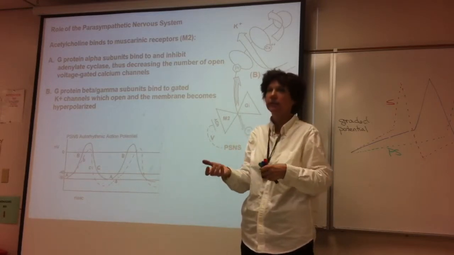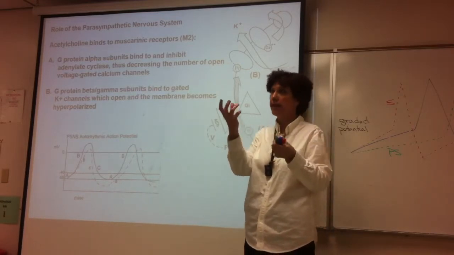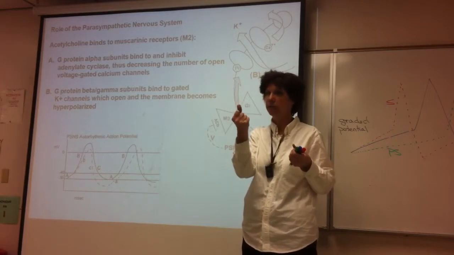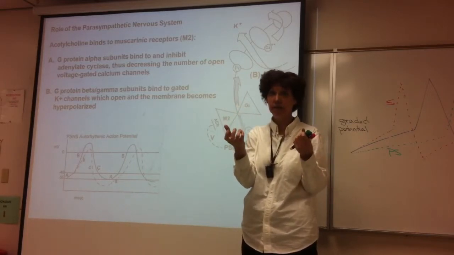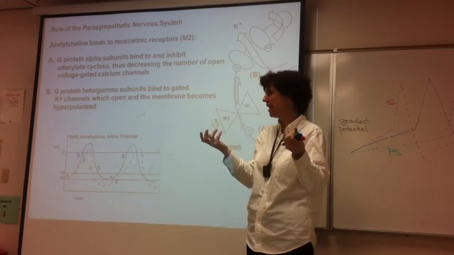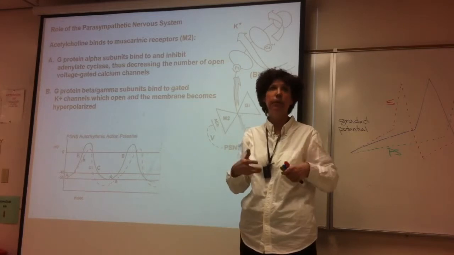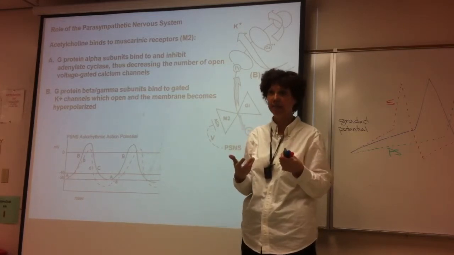For instance, average heart rate, 70 beats a minute, average stroke volume, that's the volume for each ventricle when it contracts, about 70 mils. 70 times 70 brings you to about 5 liters, 4,900 mils. Okay? So average cardiac output per minute is about 5 liters of blood.